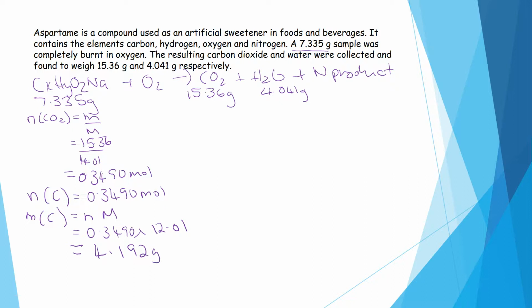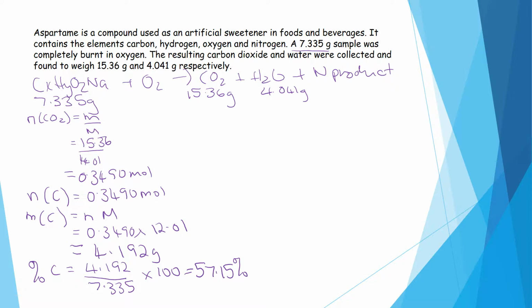Now, to find the percentage of carbon, the percentage of carbon will equal the mass of carbon, which is 4.192, divided by the mass of the sample, which is 7.335, times 100, and this comes out to be equal to 57.15%.